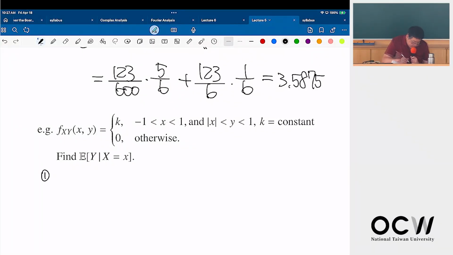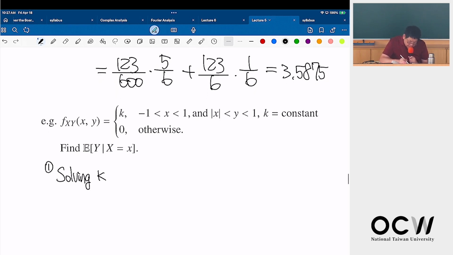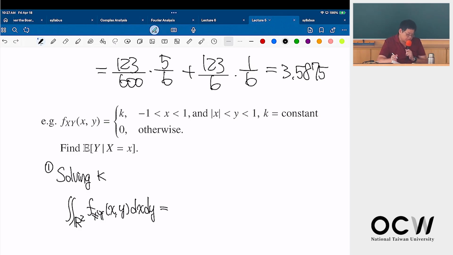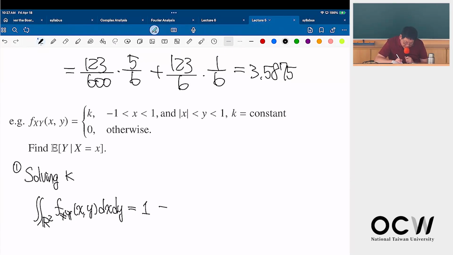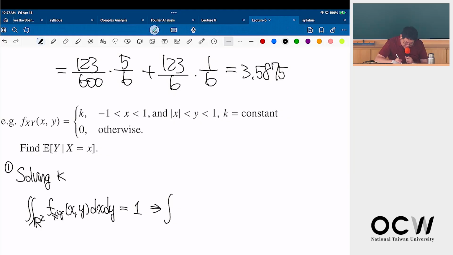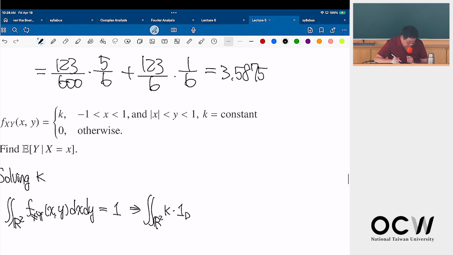First, we need to solve for k. To solve for k, we take the integration. This integration should be 1. That's a useful property of the PDF. So you get k times the integral over the region.